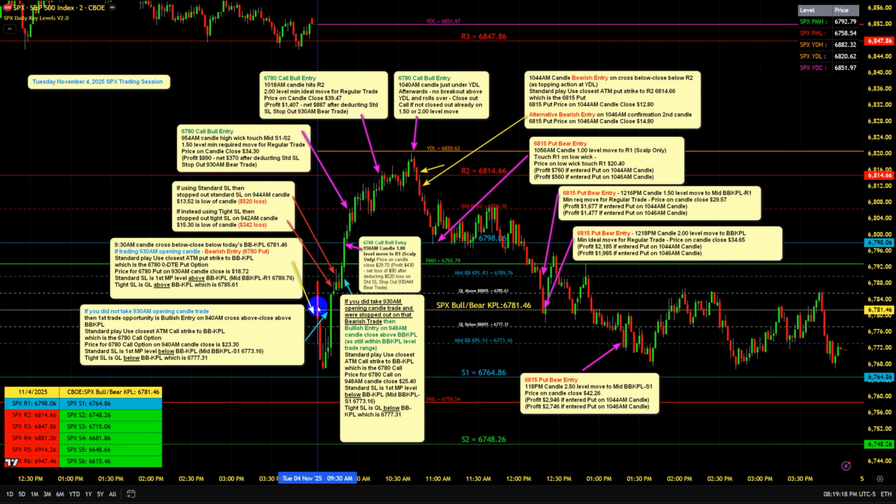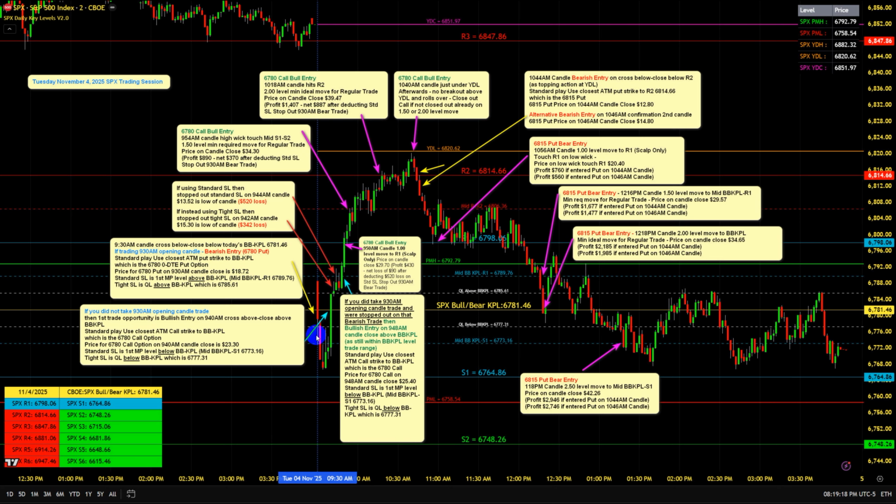It could have also opened above, stayed above, and closed above, and that is also a bullish entry signal. So the main point of both scenarios, if you're going to take the opening candle trade, is where this candle is closing. And that is why you're not entering your trade with your call or your put until you see the close.